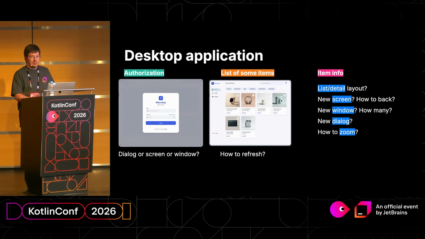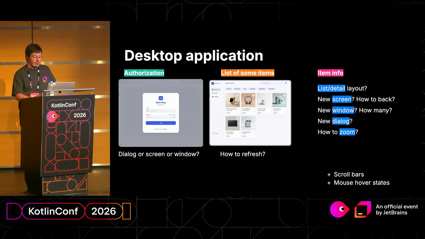And how do we show item info on the screen? Maybe we can use a list-detail layout in our application. Maybe we have to start a new screen, and then the question is how to go back. Maybe we can open a new window for that, or maybe even a dialog. And we don't know how to zoom, because on MacBooks we have a pinch-to-zoom gesture, but on other systems maybe it's not so typical.